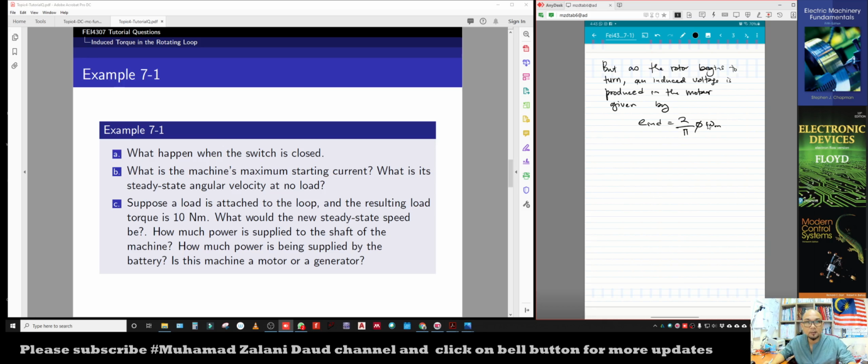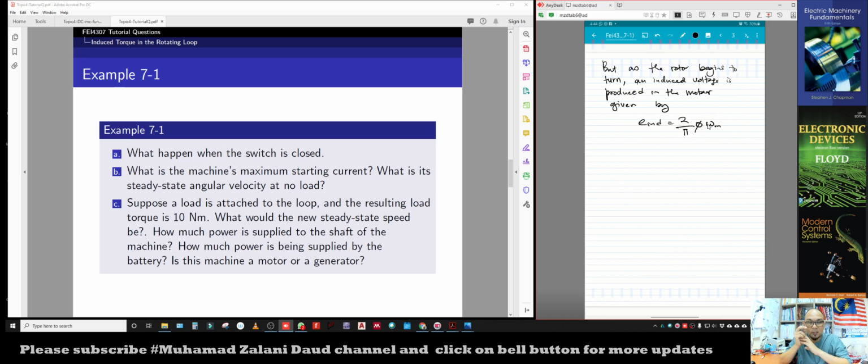Once the induced voltage appears, the current will start to fall, and at the same time the induced voltage will increase. Initially the current is very high, then it reduces, and the machine starts to induce voltage inside the wire loop. So the induced voltage will increase until the machine achieves its steady state velocity.